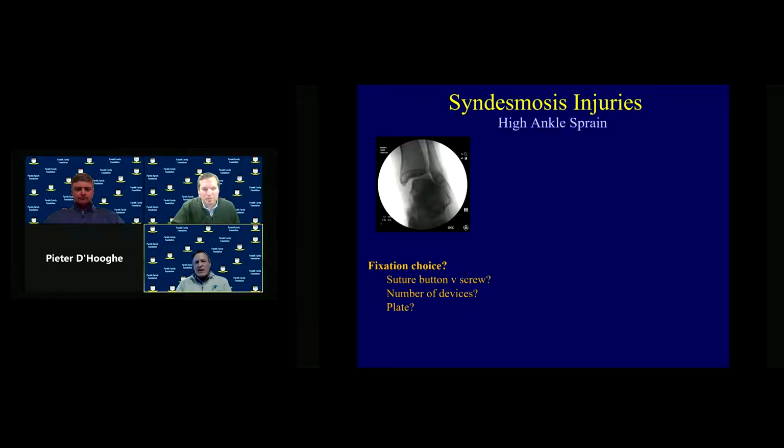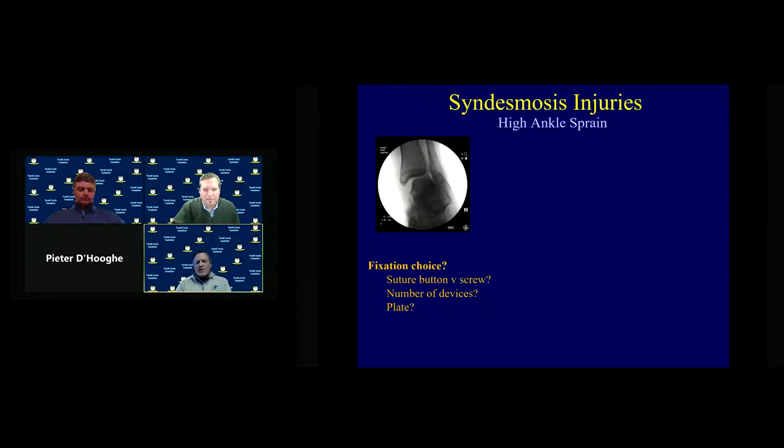I think in some cases you can do this with flexible fixation. I think that in other cases, using rigid fixation with screws or screws through a plate is reasonable. And then sometimes using hybrid fixation, which would use a screw through a plate as well as flexible fixation like a tightrope through the plate.